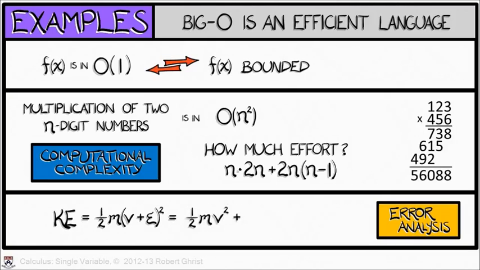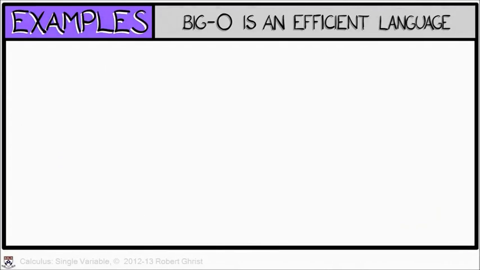Well, of course, if we expand that out, 1/2 mv squared plus m times v times epsilon plus something that is in big O of epsilon squared. What we really care about is the leading order term in epsilon. That is going to dictate what the error to the kinetic energy is. And we can see that that is really the momentum, m times v in this case.